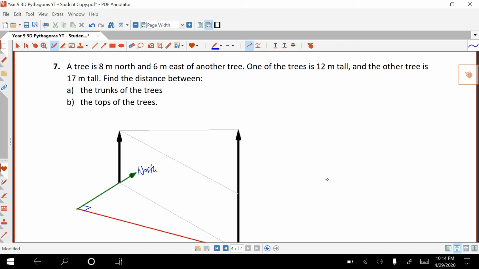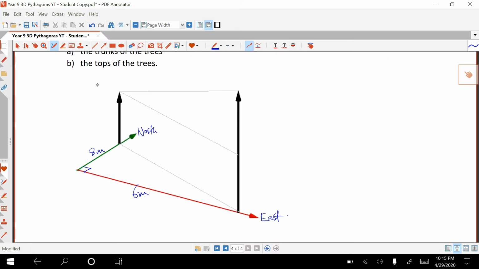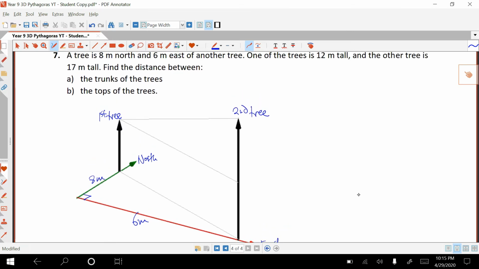Anyway, so a tree is 8 meters north, so this is 8 meters, and 6 meters east, so this is 6 meters of another tree. So this will be our first tree, and this will be our second tree. Okay, all right, let's keep on reading.